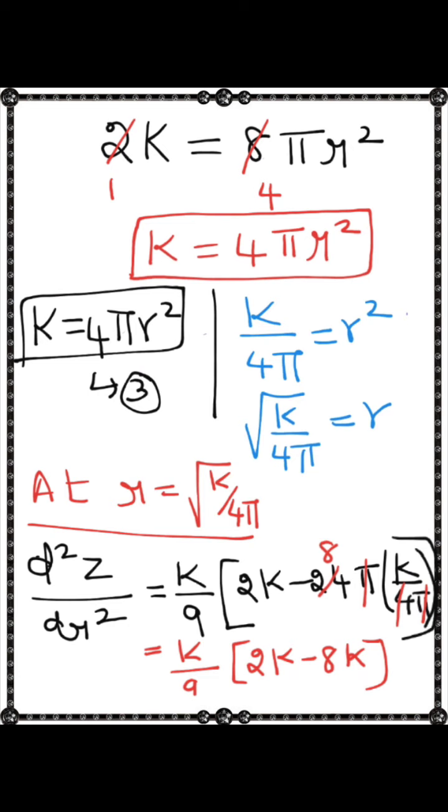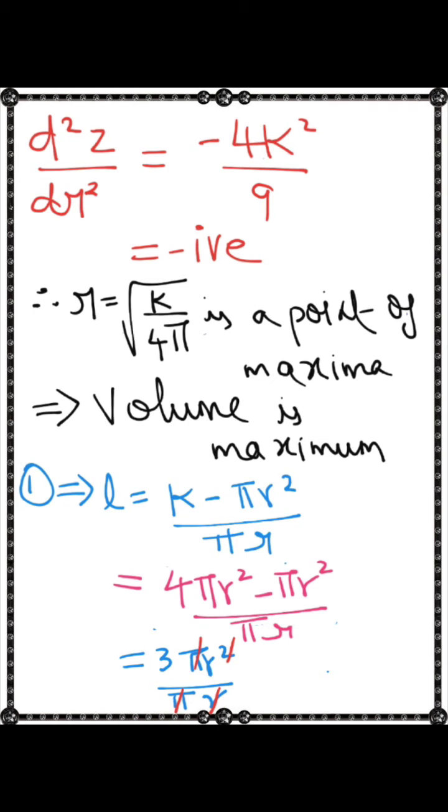The reason why we are marking k as a separate equation is to find L or H or whatever is required in the question. We need the value, so we are finding k. So k is equal to 4 pi r square, that is a separate equation. And again finding r from the same, that is root of k by 4 pi, and substituting in the second derivative we are getting a negative term.